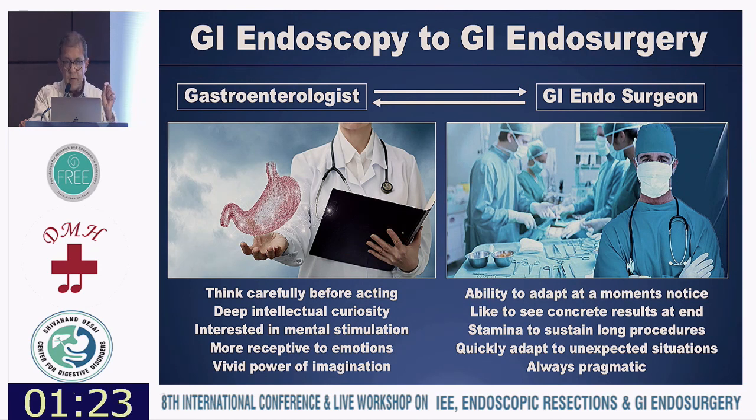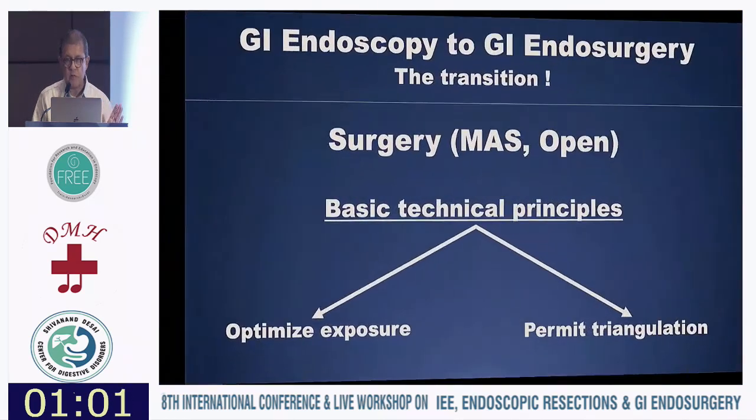So if a gastroenterologist wants to become a flexible endoscopic surgeon, he has to start thinking like a surgeon. And if a surgeon wants to become a GI endosurgeon, he should adapt and develop the qualities of a gastroenterologist. So it has to be a blend of both. It cannot be one or the other, because otherwise you will not be able to achieve this.